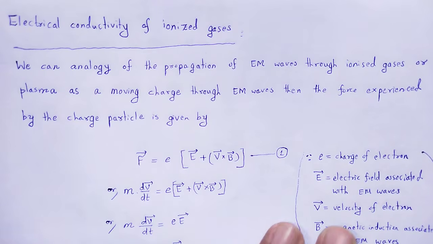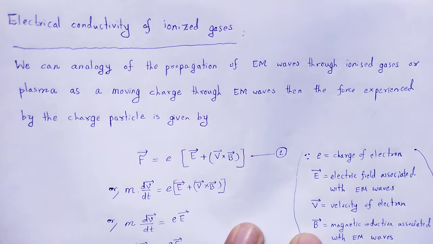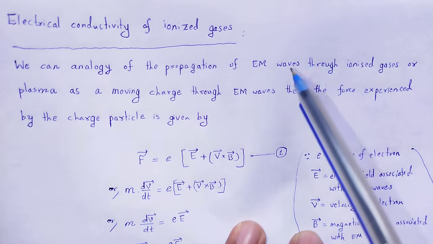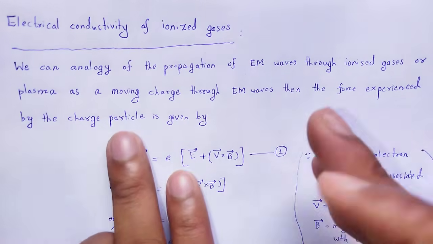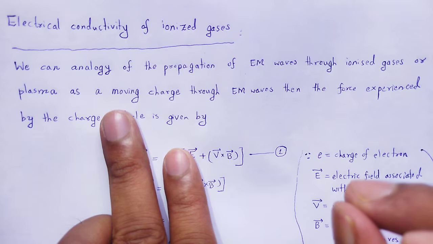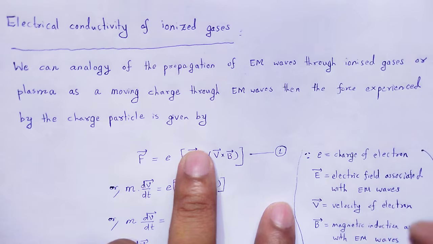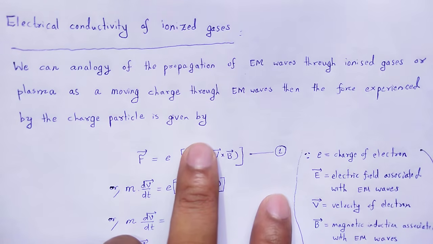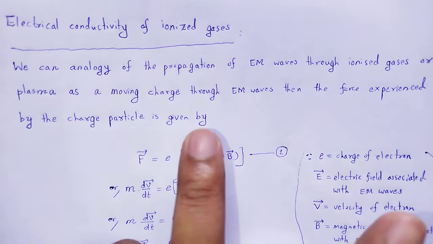As we are dealing with the propagation of electromagnetic waves through ionized medium, which is called plasma, we can draw an analogy of the propagation of electromagnetic waves through ionized gases or plasma to a moving charge through electromagnetic fields, which experiences a force. That force is due to the electric field as well as the magnetic field.